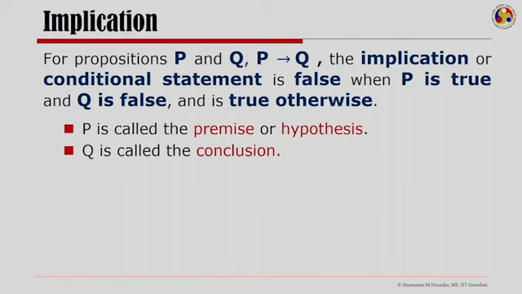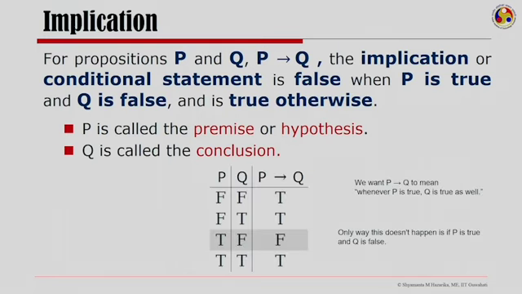So, if we look at this statement, if P then Q, P is called the premise or hypothesis and Q is called the conclusion. The truth table of the implication if P then Q shows that the only way to get this false is when P is true and Q is false.